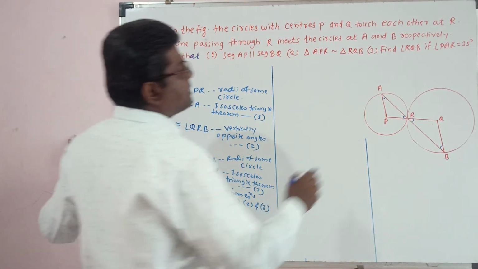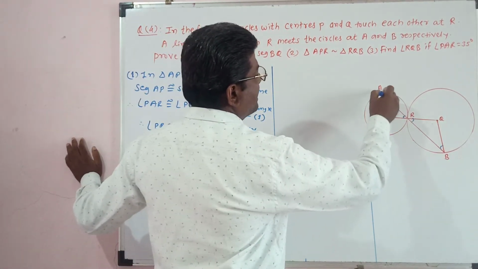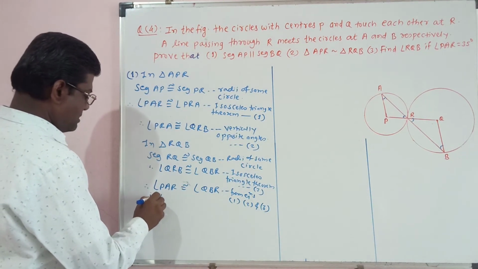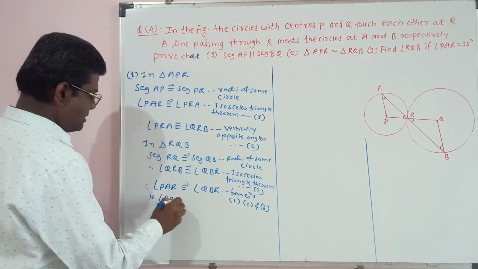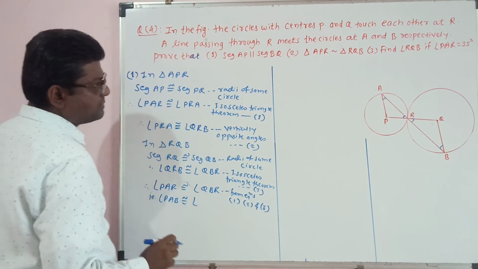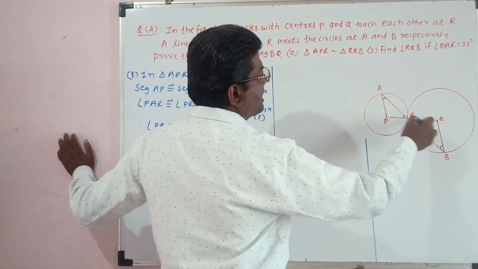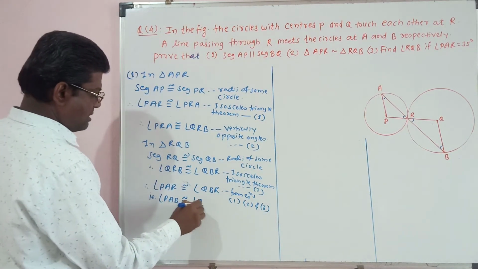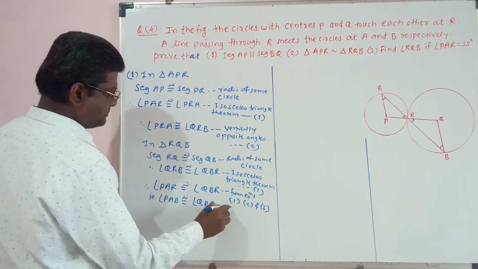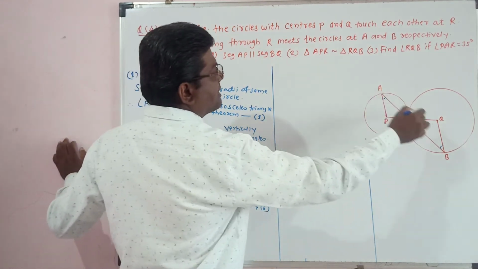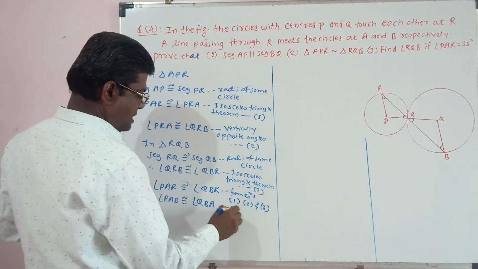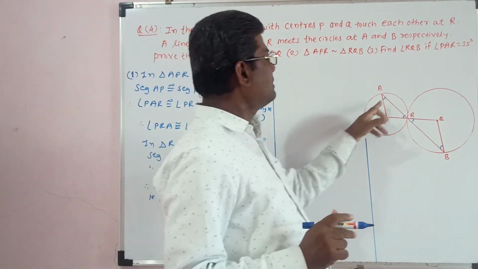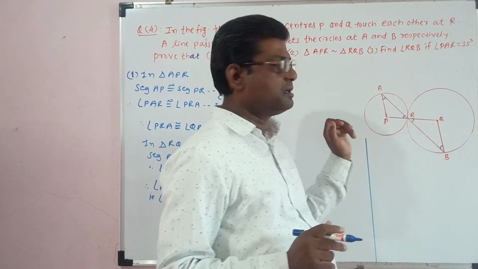But angle PAR means angle PAB, that is angle PAB is congruent to angle QBR, which means angle QBA, reason A R B collinear. Now see, these two angles are congruent.